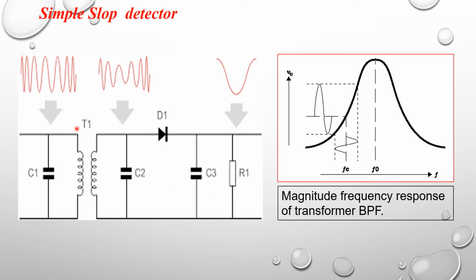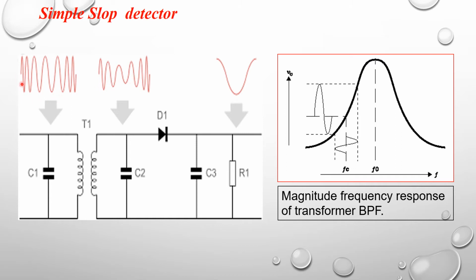Here this is the tuning circuit, and the tuning circuit input is FM. The main function of the tuning amplifier is to convert the FM signal into an AM signal.